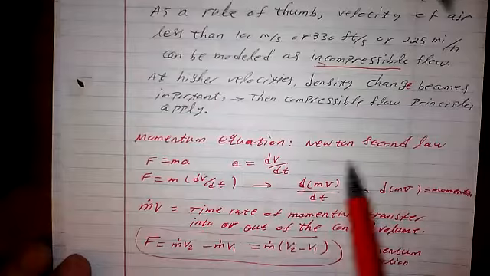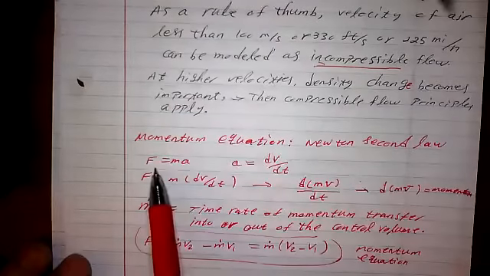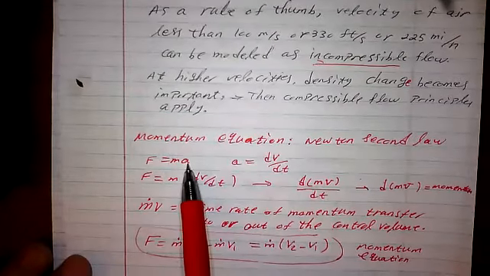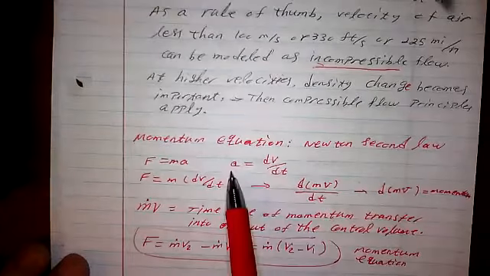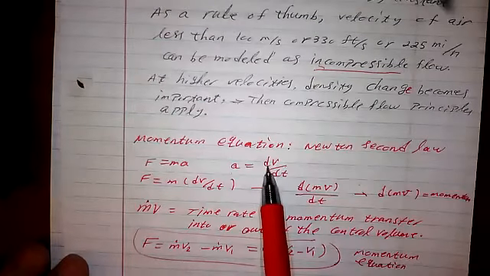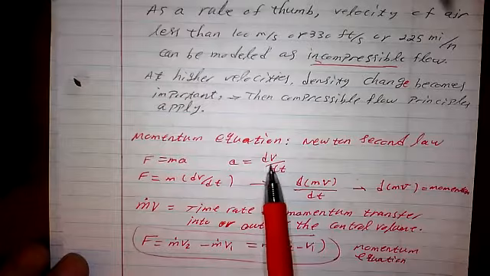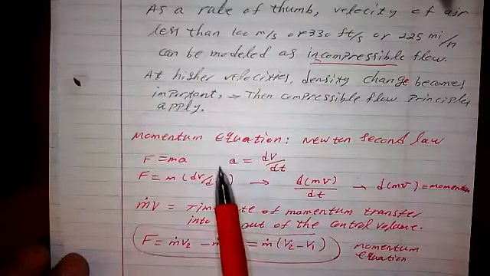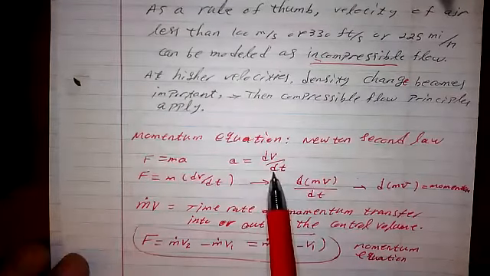Momentum equation, Newton's second law. Newton's second law says force equals mass times acceleration. Acceleration is the instantaneous rate of change of velocity with respect to time, so acceleration is dv/dt.